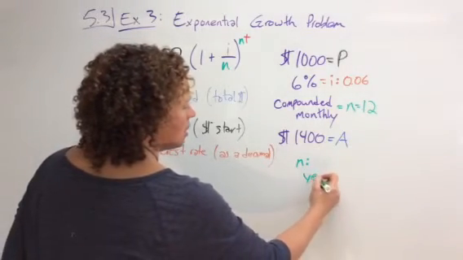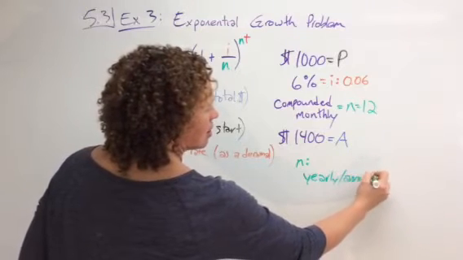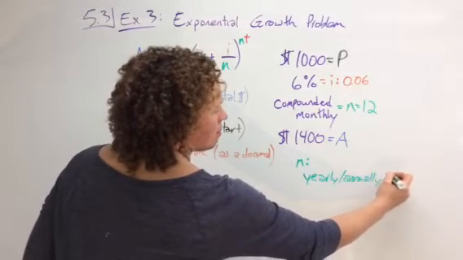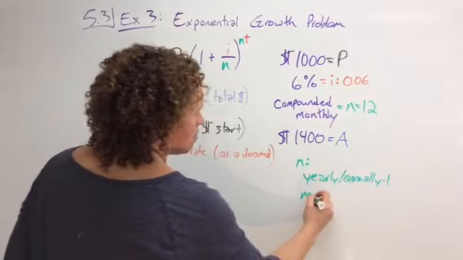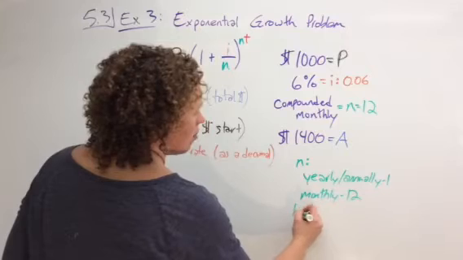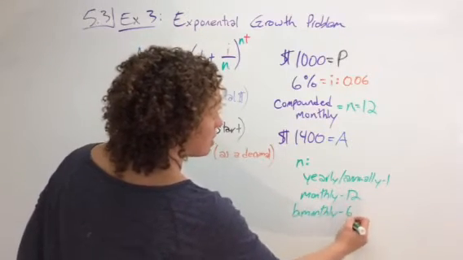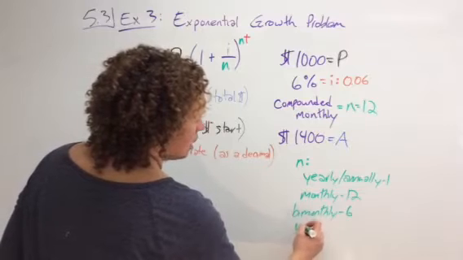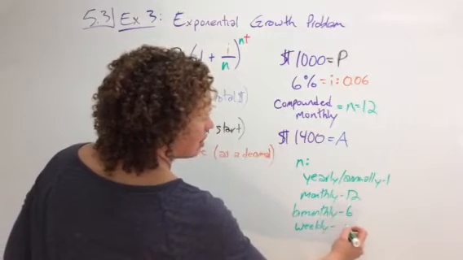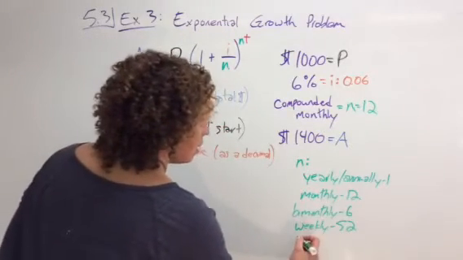If it says yearly or annually, N is 1. If it says monthly, N is 12. Bi-monthly, every 2 months, would be 6. Weekly would be 52 because there's 52 weeks in a year.